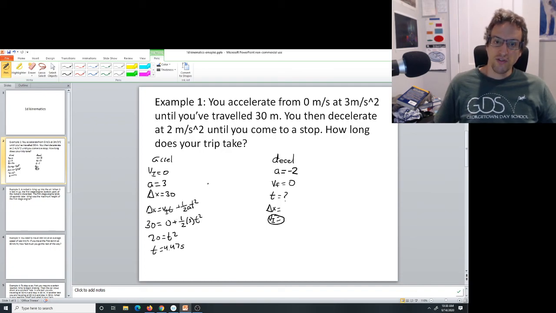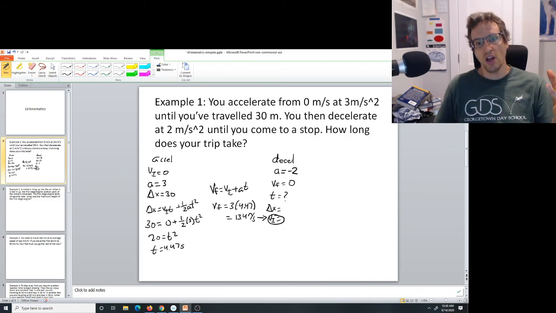So I can solve for v final of the acceleration part: v final equals 3 times 4.47, and that gives us 13.4 meters per second, and that becomes our initial velocity.